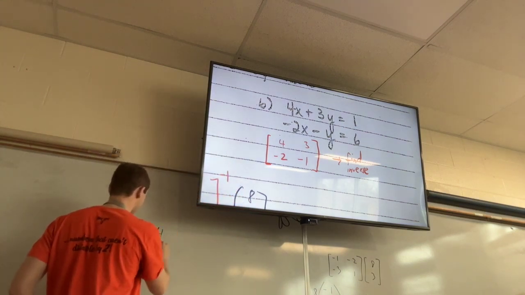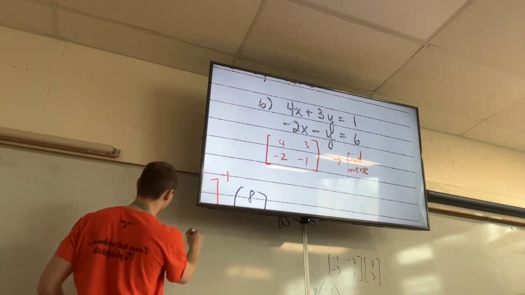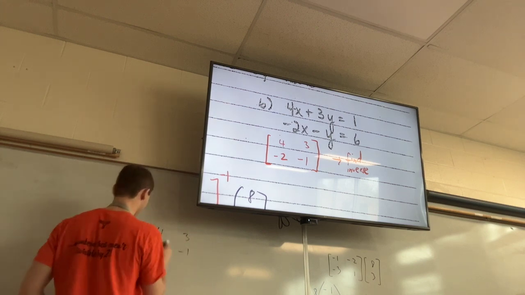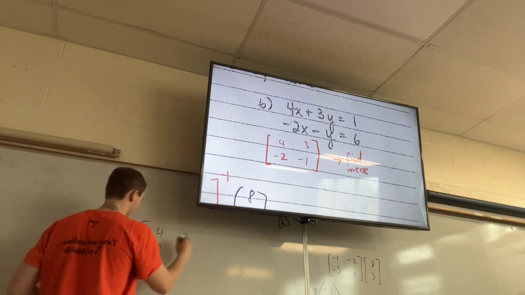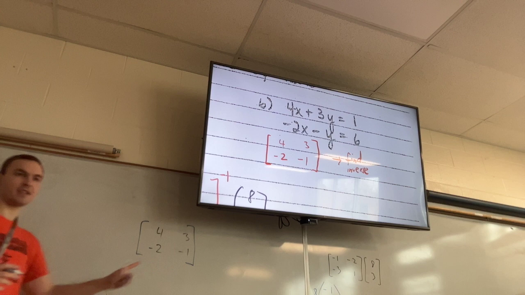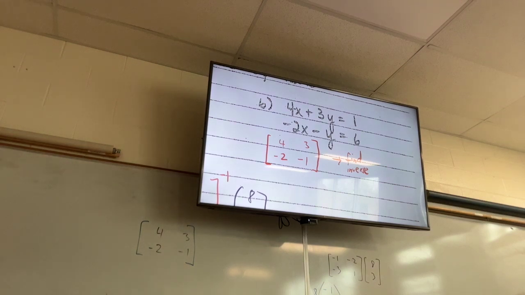Okay. So 4, -2, 3, -1. So to find the inverse of this matrix, we do what first? We find the determinant, right? What's that determinant going to be?